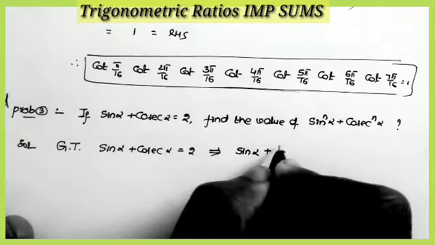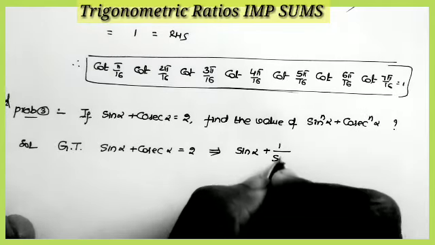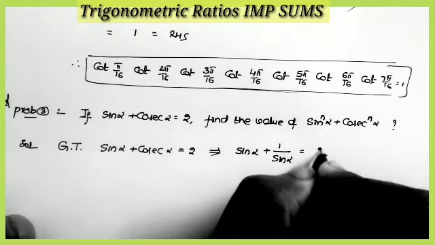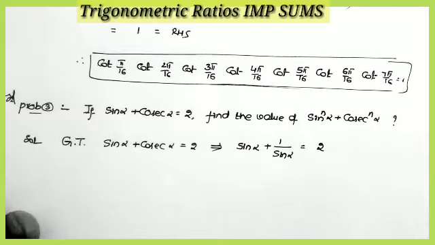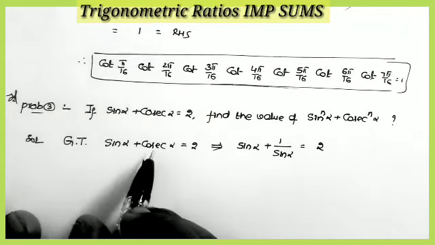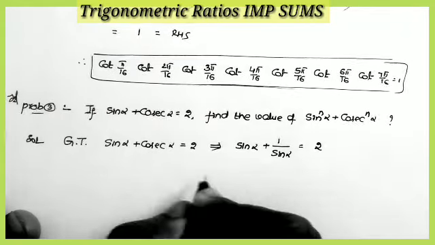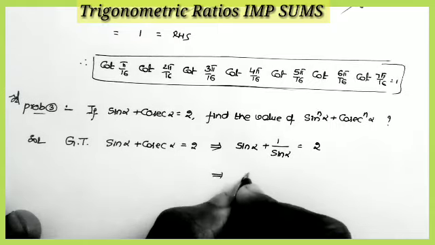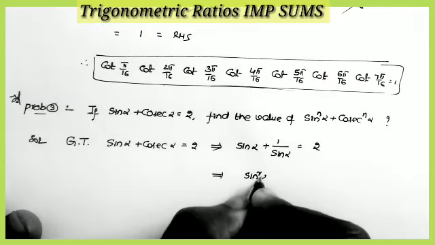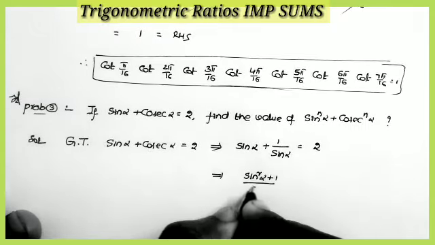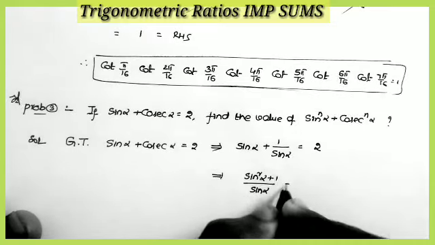In the first step, I am writing cosecant alpha as 1 by sin alpha, since cosecant is the reciprocal of the sine function. Now doing the LCM, sin square alpha plus 1 by sin alpha is equal to 2.